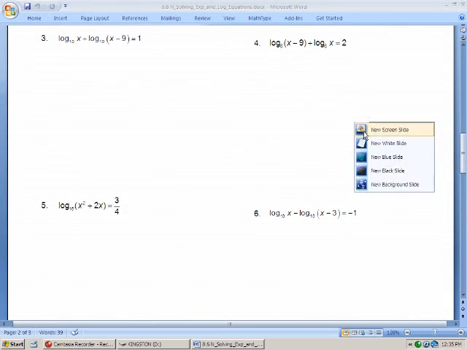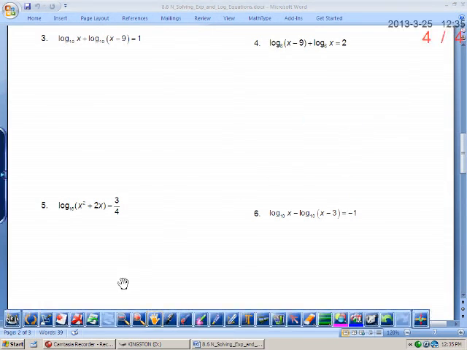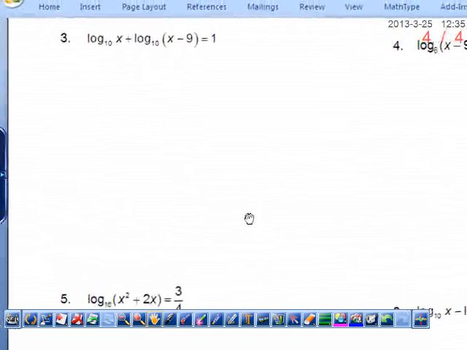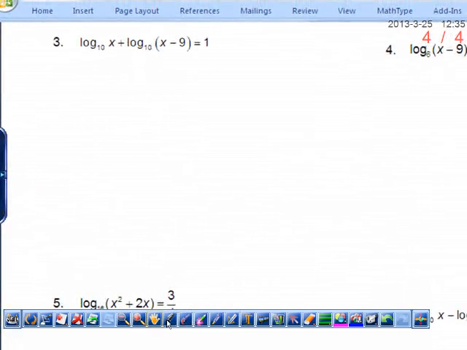Number 3 is log base 10 of x plus log base 10 of x minus 9 equals 1. What should we do first? Condense the left.